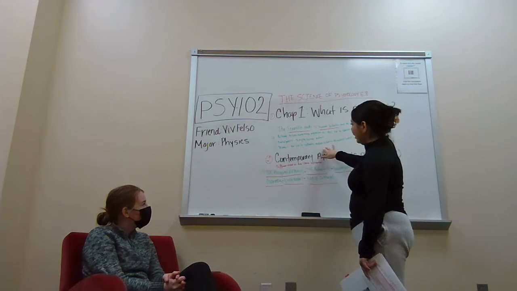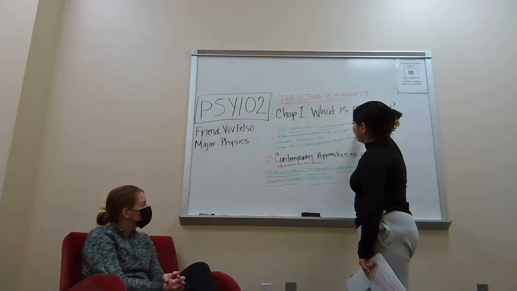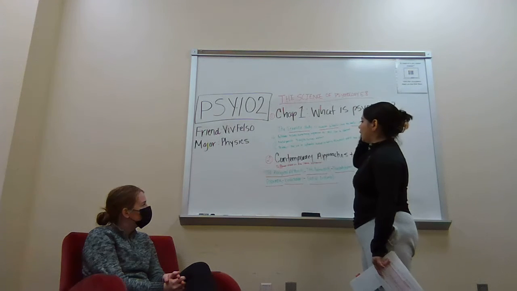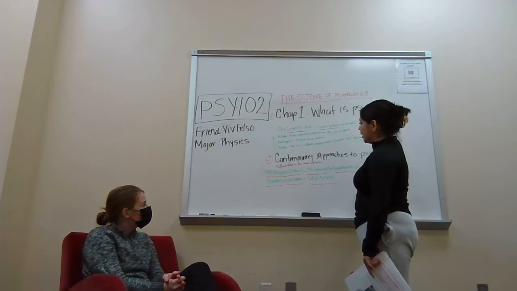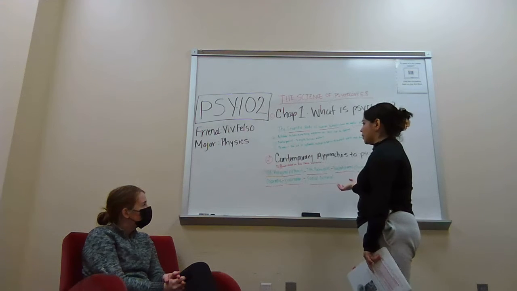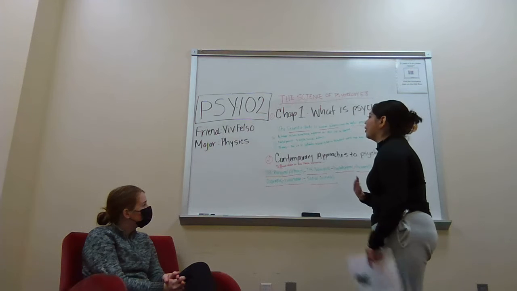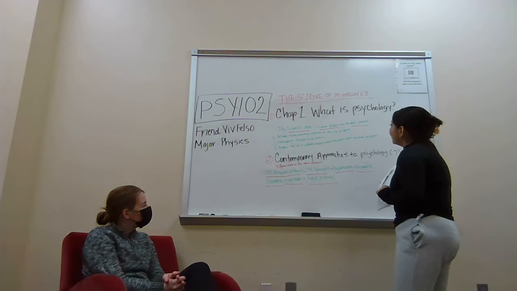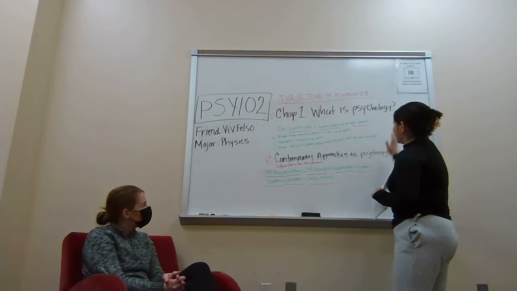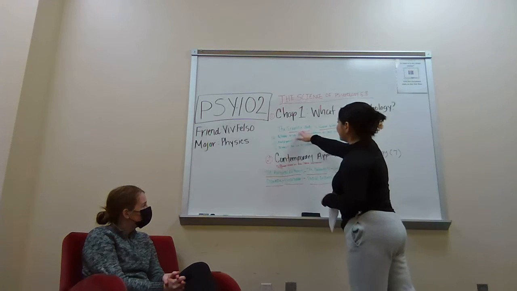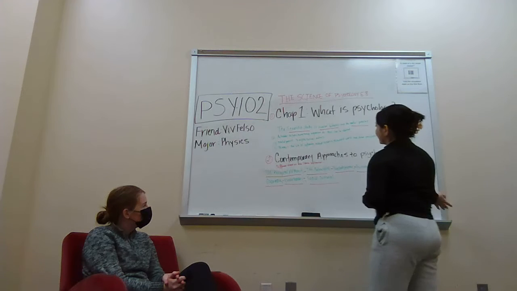And then after behavior comes the mental process, which is your thoughts, your feelings, and your emotions. So again, it all draws back to what you do as a human, in my opinion, and I hope that is correct. So that was one topic, what is psychology: the scientific study of human behavior and mental processes.